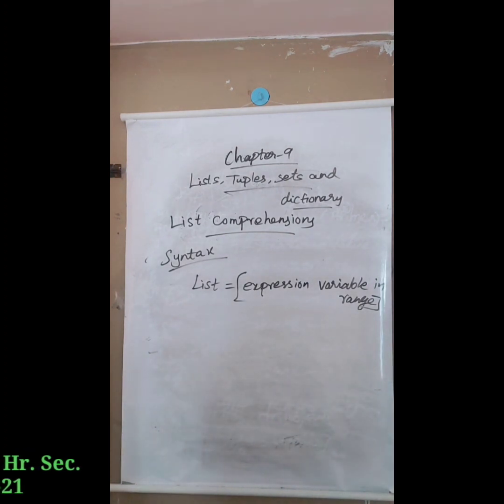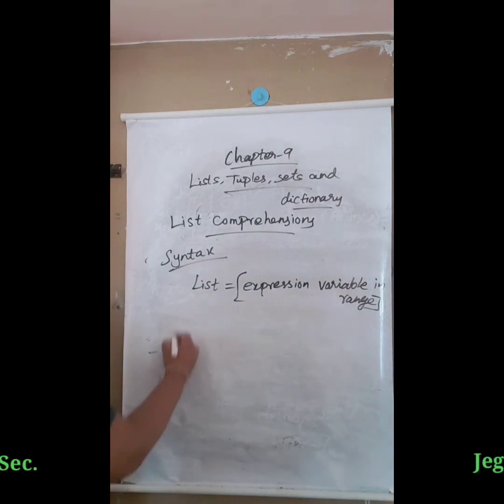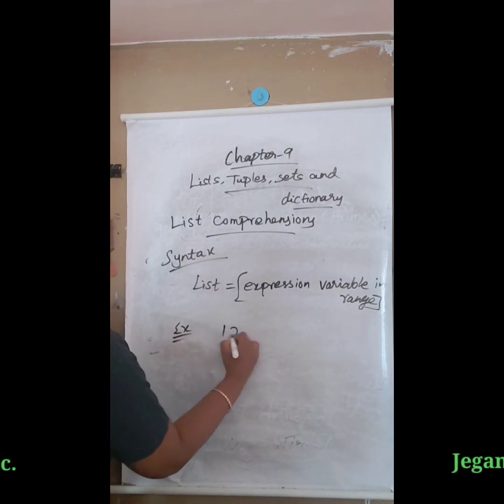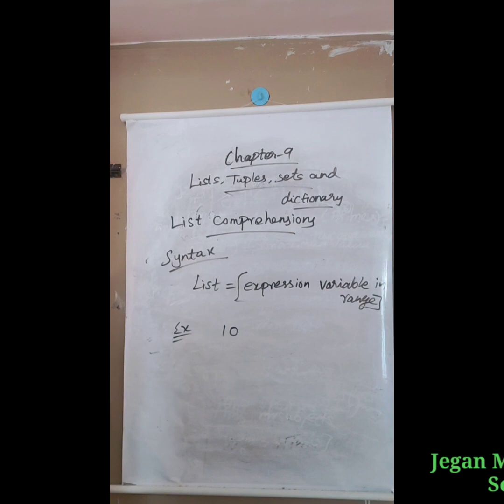The example program generates the squares of the first 10 natural numbers using the concept of list comprehension.